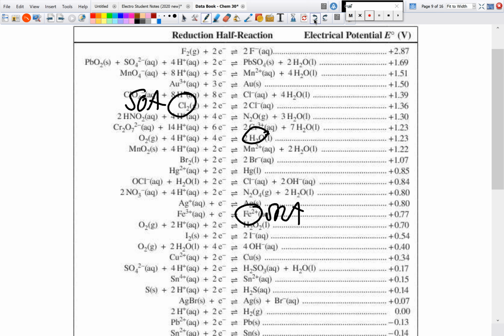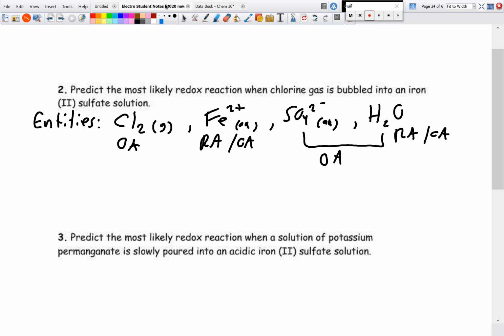And then our sulfate and everything like that won't work either. So our strongest oxidizing agent is chlorine, and our strongest reducing agent is our iron, which means that iron won't be an oxidizing agent, SO4 won't be an oxidizing agent, and water won't be an oxidizing agent or a reducing agent.